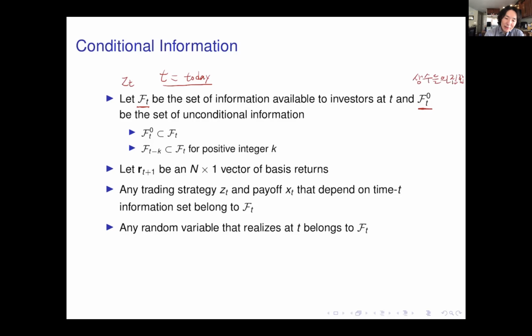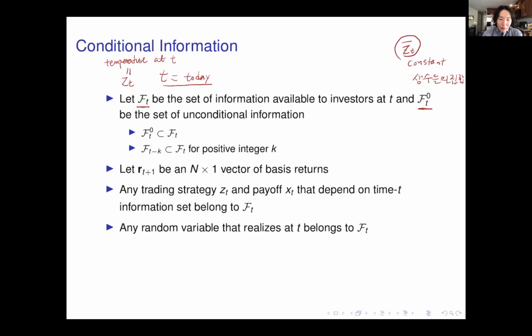For example, the Z_t can be something like temperature today. Okay. Whereas when I say the constant or 상수 that is in F_0, that will mean that, say, average temperature of all time, which by definition is a constant.